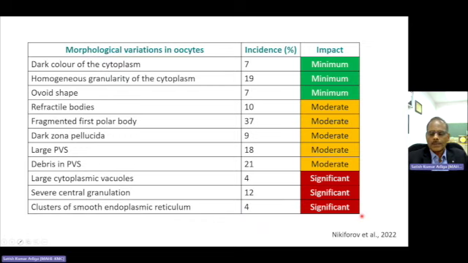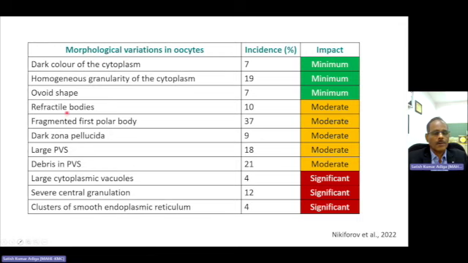I have this table which summarizes the types of morphological variations and their impact. As stated here, some morphological variations, such as dark color of cytoplasm, homogeneous granularity of cytoplasm, and ovoid shape, have minimum impact on the reproductive outcome.